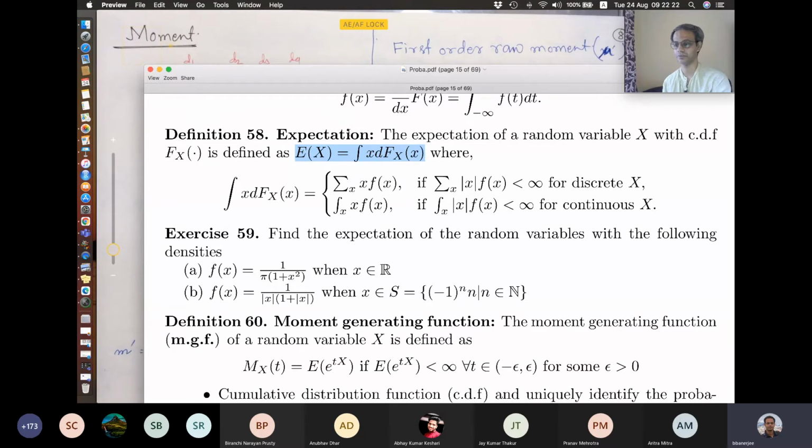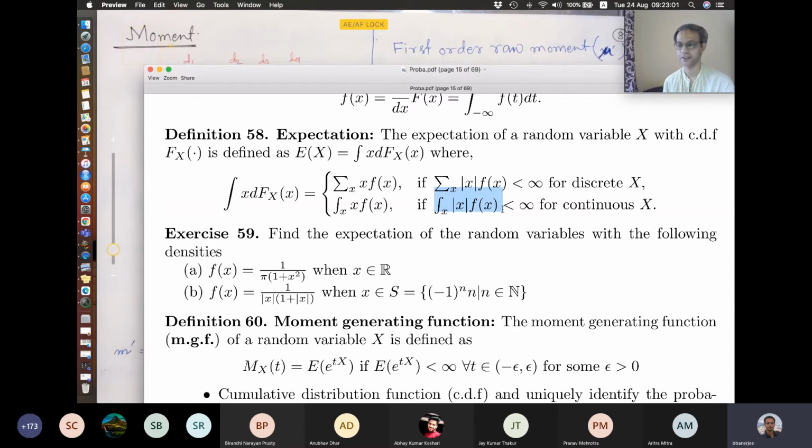The meaning is that it is the sum of x f(x) if X is discrete, and the integral of x f(x) if X is continuous. But you have to be careful that this condition is satisfied for discrete valued random variables and this condition for continuous valued ones.